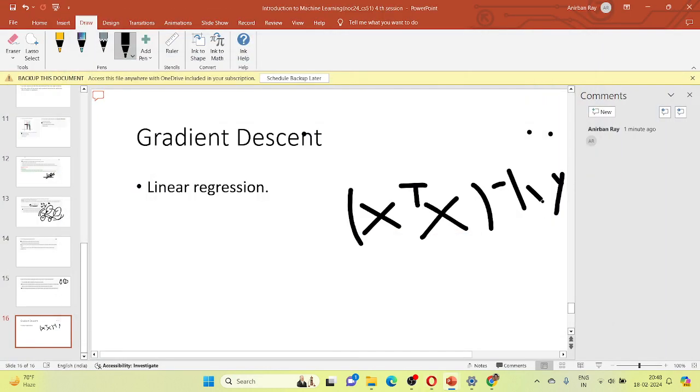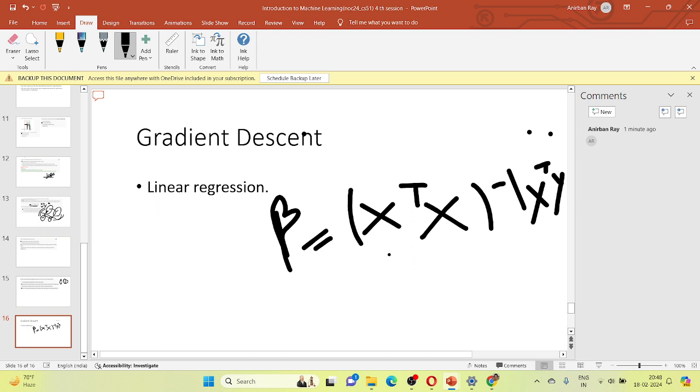So this is the one to find the parameters of the regression. The limitation is that we have to find the inverse of this matrix x transpose x, which may take a lot of time.